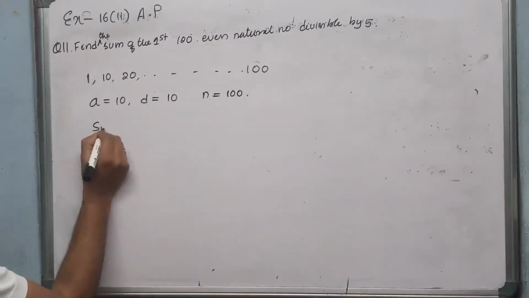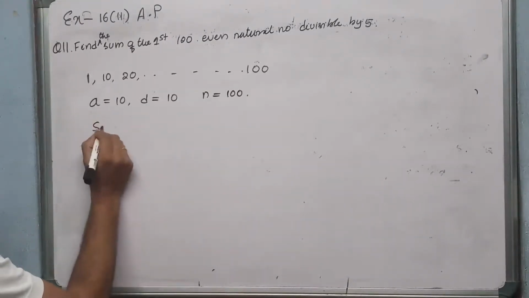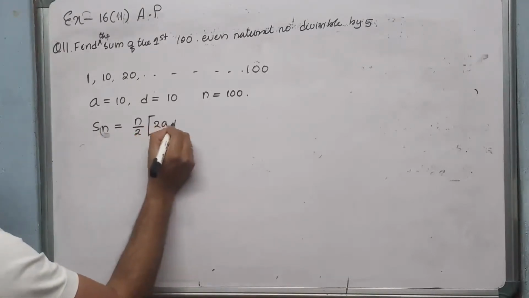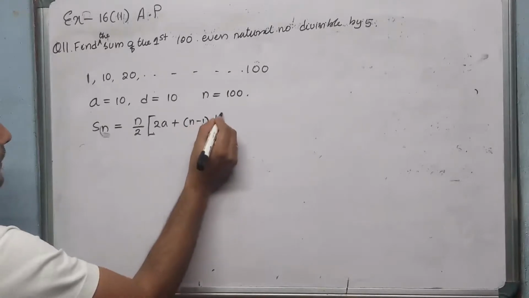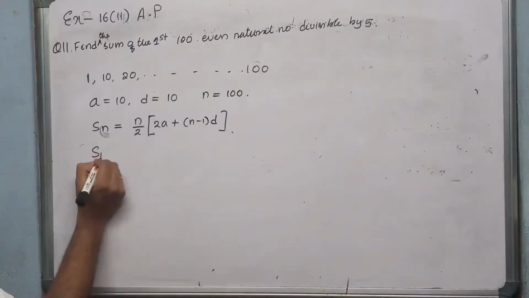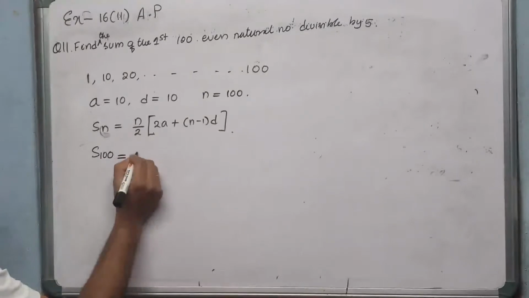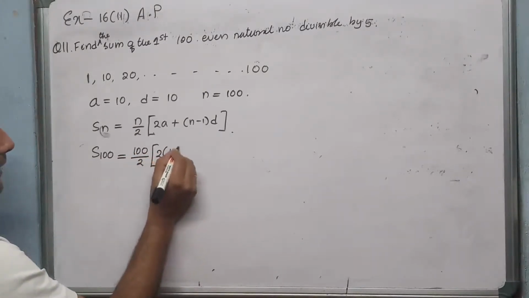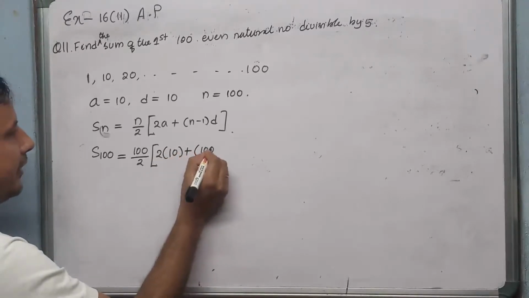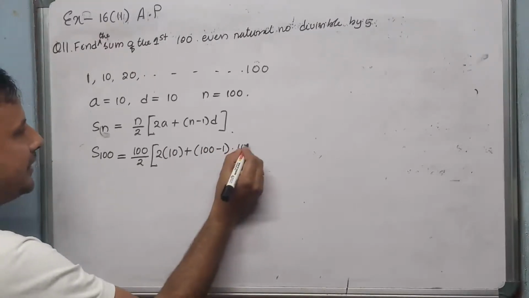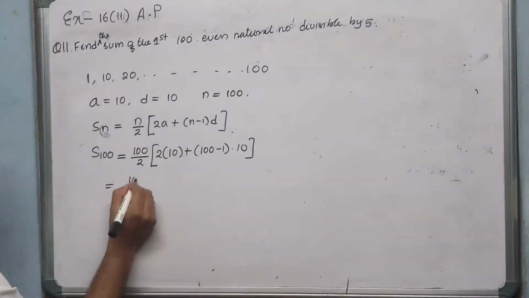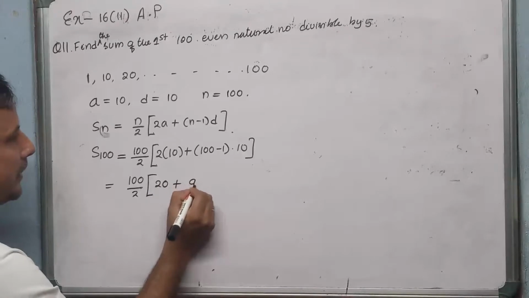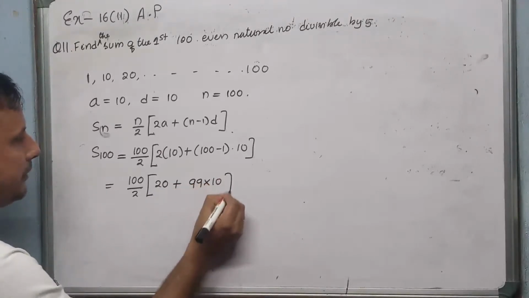Now the sum of 100 terms, the Sn formula is n by 2 into 2a plus n minus 1 into d. So 100 over 2, 2 into a is 10, plus n is 100 minus 1, d is 10. Now it is 100 over 2 into 20 plus 99 into 10.